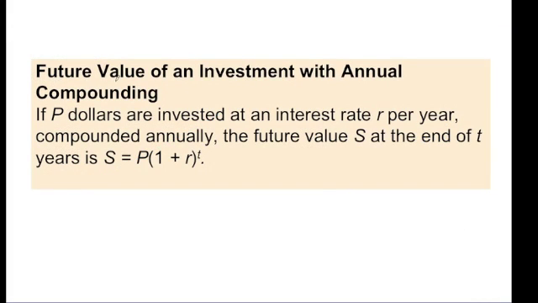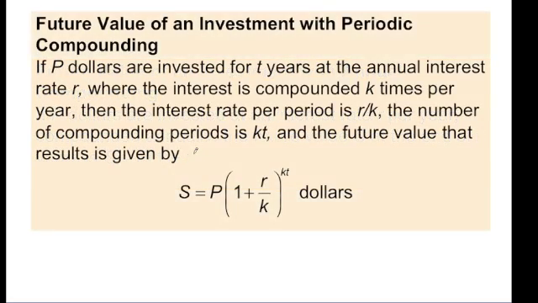The future value of an investment with annual compounding. P is the original dollars invested at the interest rate of R per year, compounded annually. The future value S at the end of T years is S equals P times the quantity 1 plus R raised to the T power. If we're going to have periodic compounding, P dollars are invested for T years at the annual interest rate R when the interest is compounded K times per year.